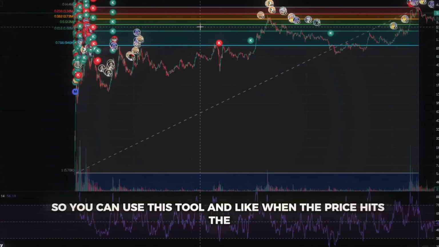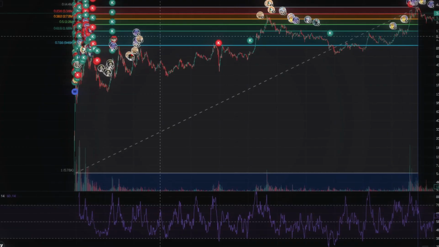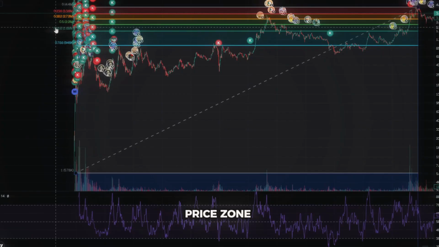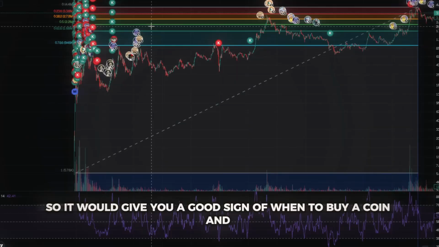So you can use this too: when the price hits the 0.618 price zone, you can ape the coin, so it gives you a good sign of when to buy a coin.